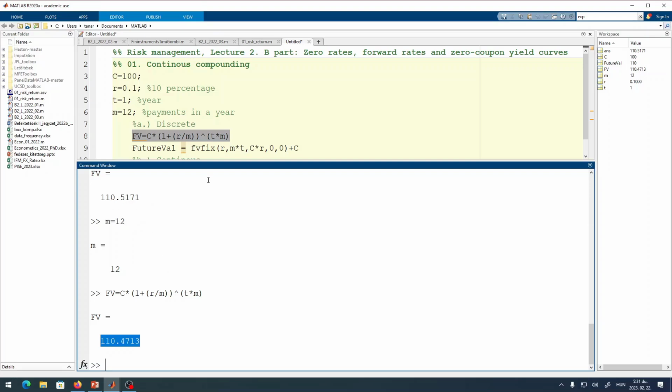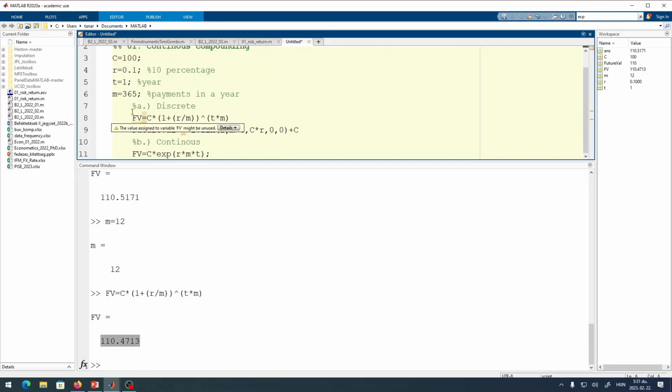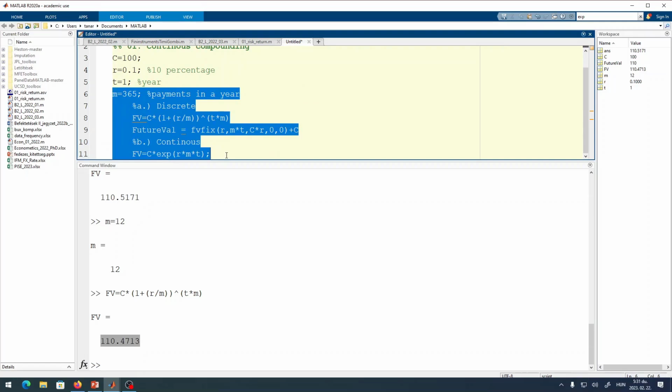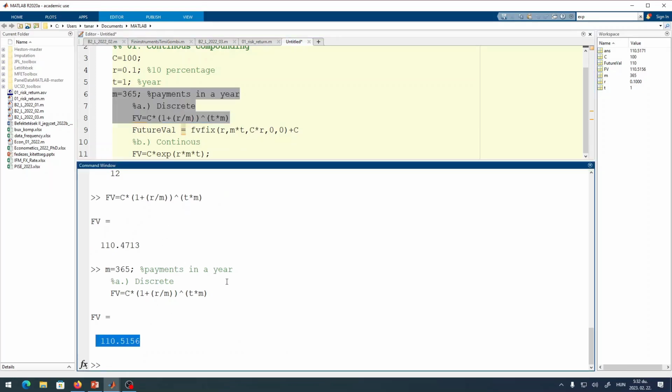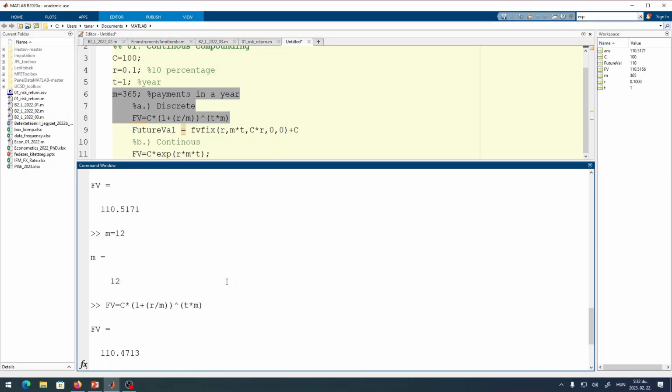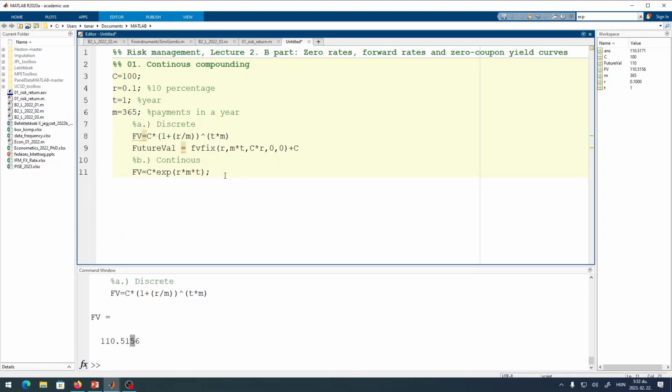If I change it to 12 payments, suddenly it increases and becomes close. Even so, it's still slightly smaller than the continuous.